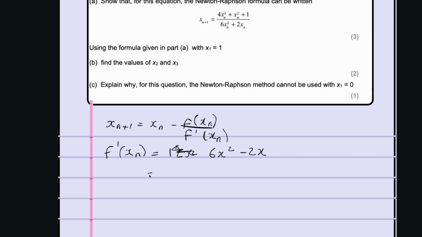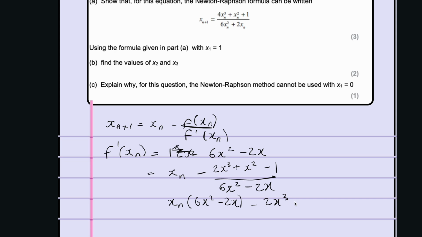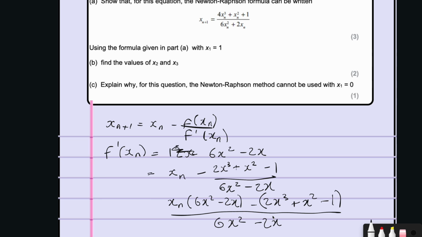So that's going to give us x minus 2x cubed plus x squared minus 1 over 6x squared plus 2x. Then I need to times it by xn. So when I do that, I need to make a common denominator. So xn times 6x squared plus 2x minus 2x cubed plus x squared minus 1 all over 6x squared plus 2x. Okay?